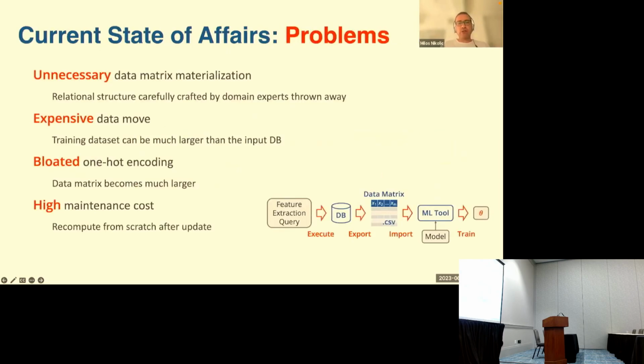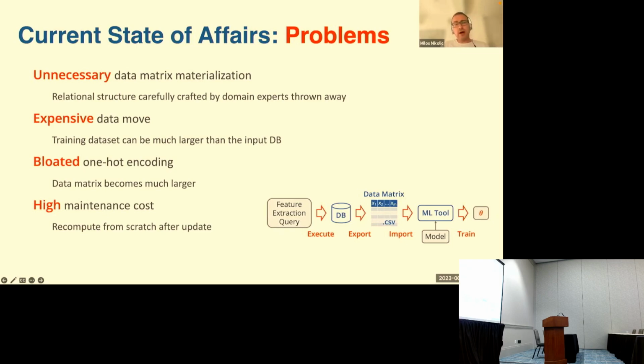Now, there are several shortcomings with this approach. First, this approach materializes the entire training dataset, and this may, in fact, take non-trivial time. Second, in typical cases, the data is moved between the database or the query processor and the machine learning tool, and this again may take non-trivial time. Third, techniques such as one-hot encoding of categorical features can blow up the training dataset significantly, making the training phase extremely expensive.